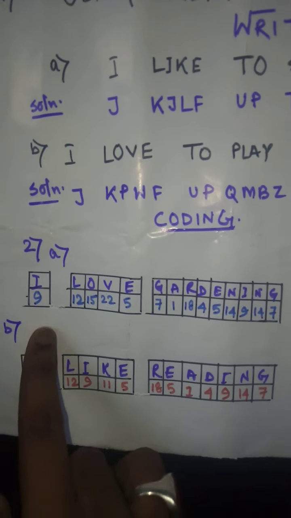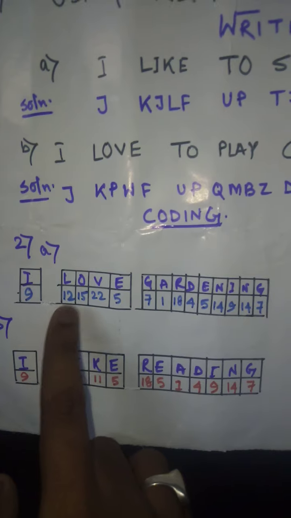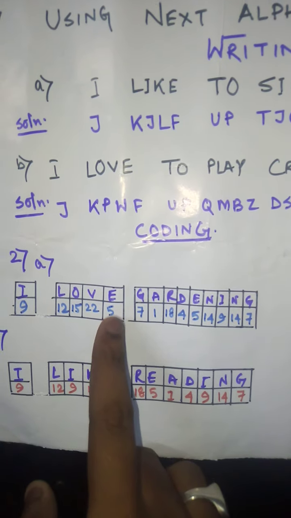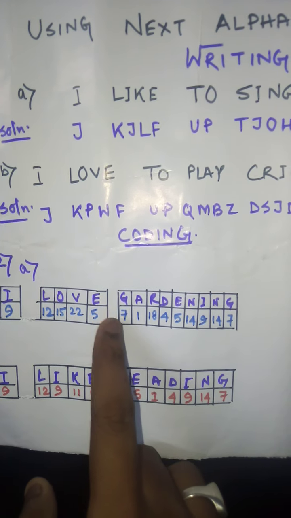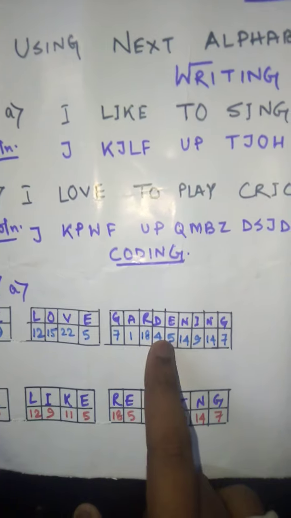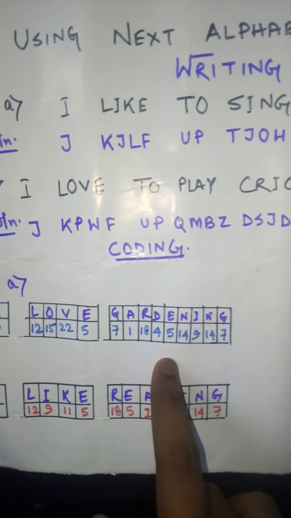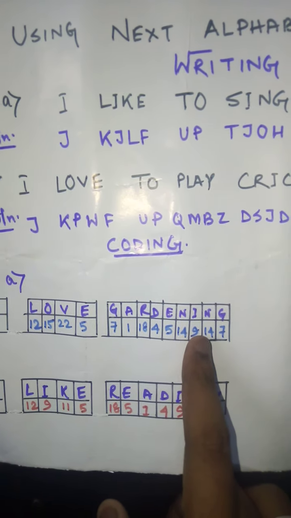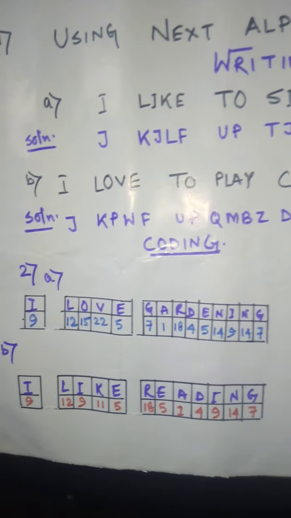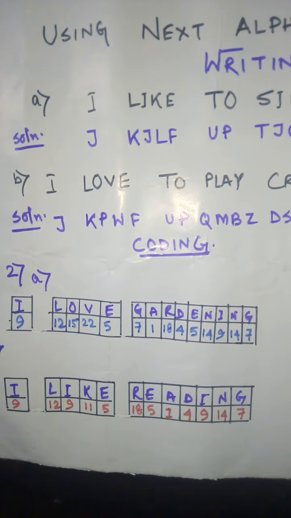For I we have put 9, for L 12, for O 15, for V 22, for E 5. For gardening: G 7, A 1, R 18, D 4, E 5, N 14, I 9, N 14, and G 7. Take a close look at it.